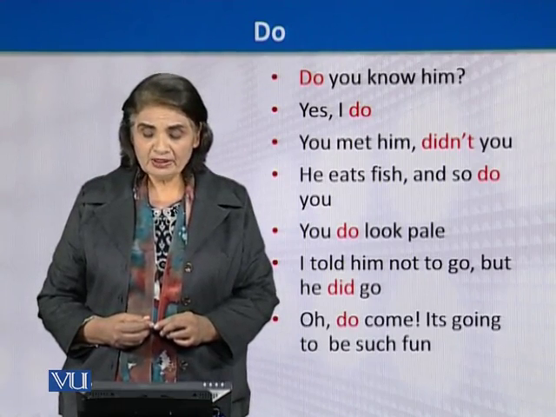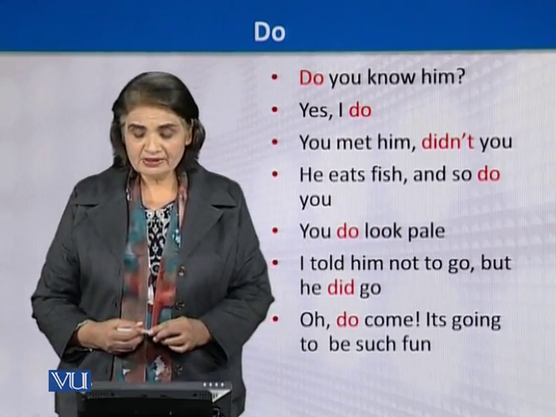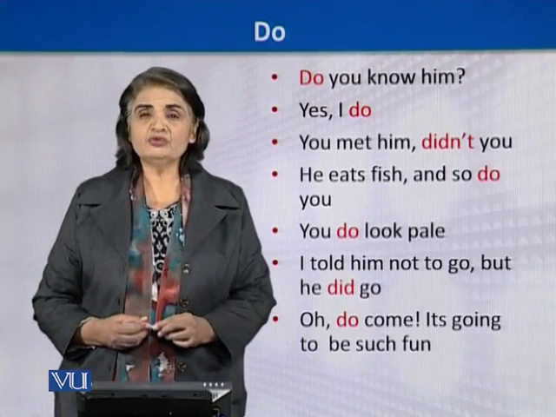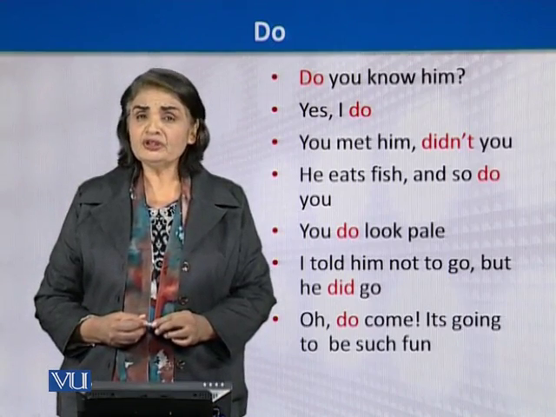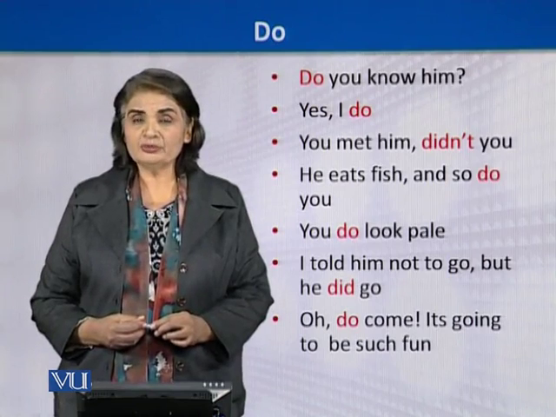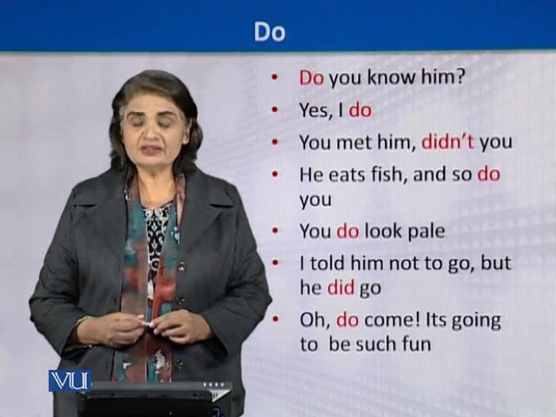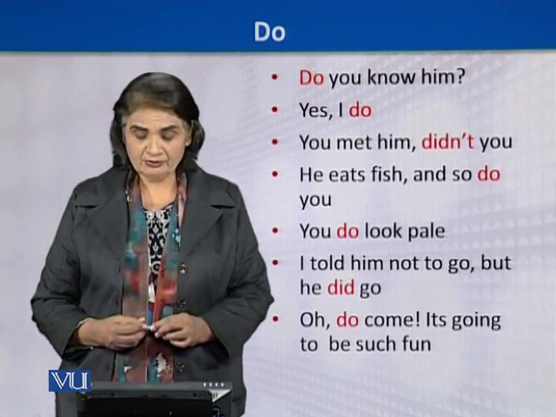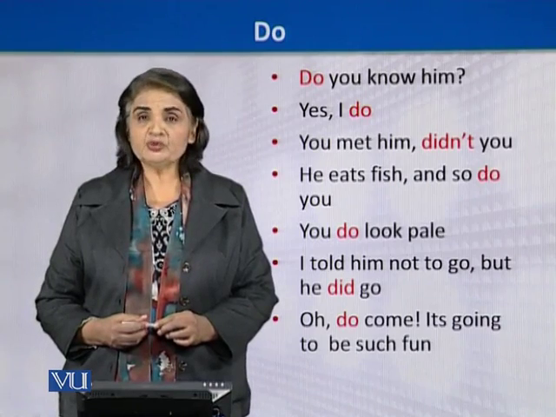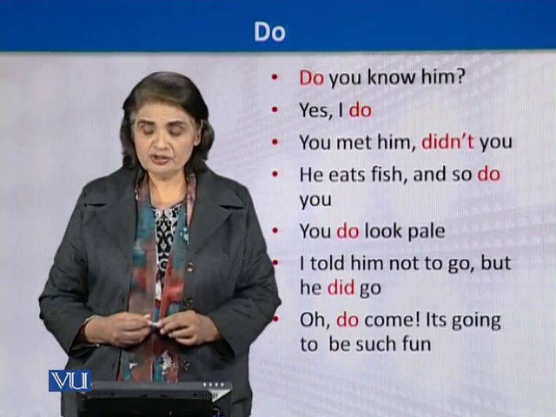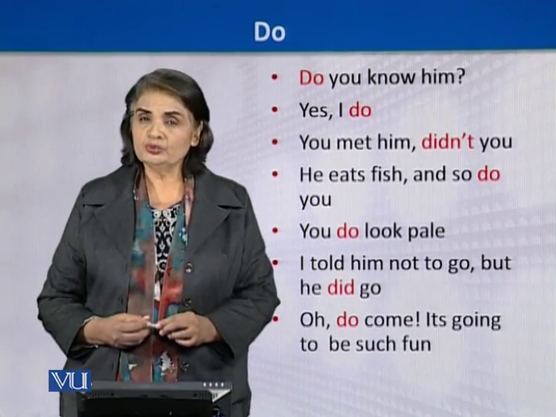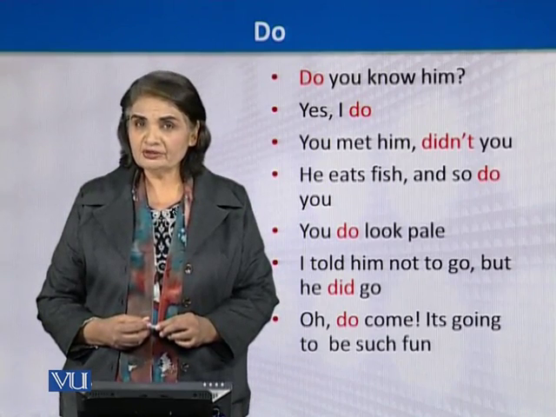He eats fish, and so do you. Again, we cannot have this sentence without the auxiliary verb do. If we omit the auxiliary verb do, then the sentence will sound incorrect. For example, it will be, he eats fish and so you. This will be incorrect.